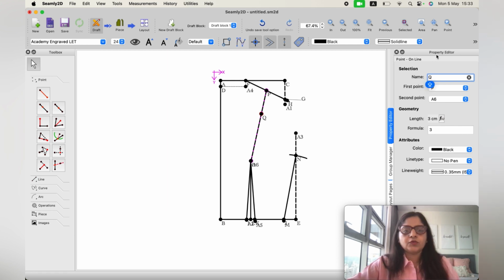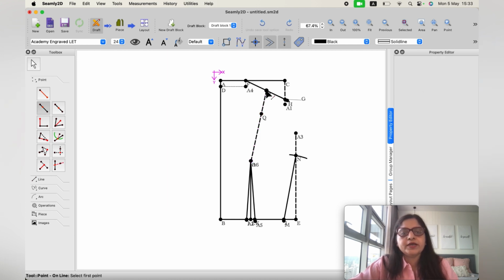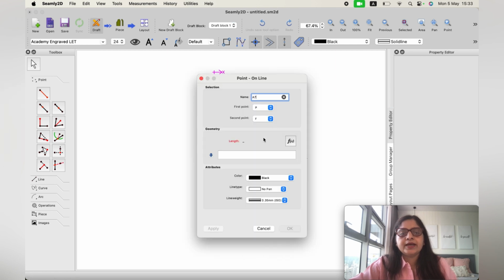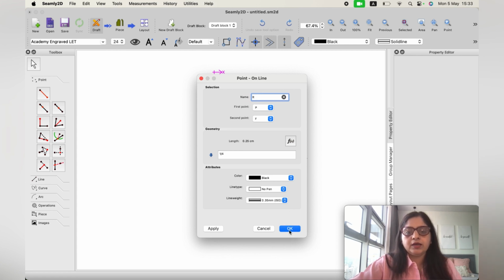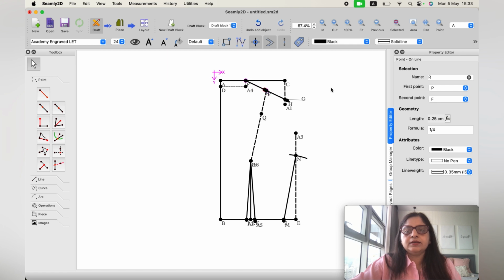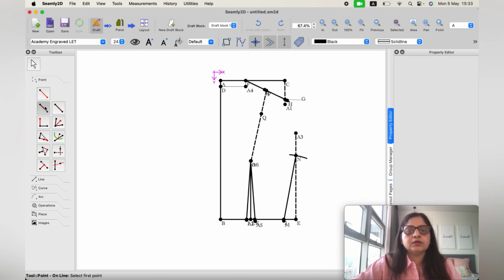Okay, now we need a 1/2-inch dart intake here. So I'll take a point along the line from here to here, and I'll need 1/4 of an inch here, and this point will become R. Okay, and for another point, again I'll select P. I'll take a point along the line.